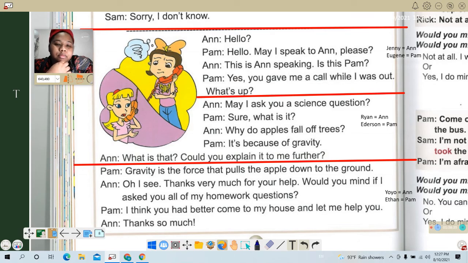May I ask you a science question? Sure, what is it? Why do apples fall off trees? It's because of gravity. What is that? Could you explain it to me further?